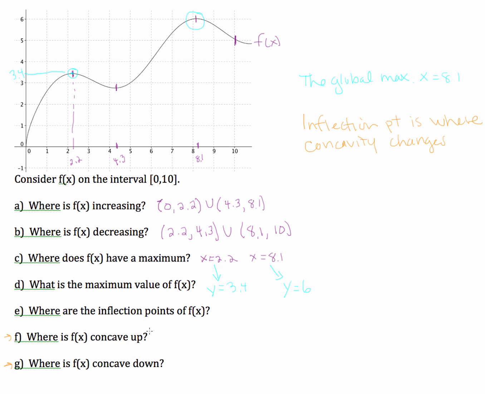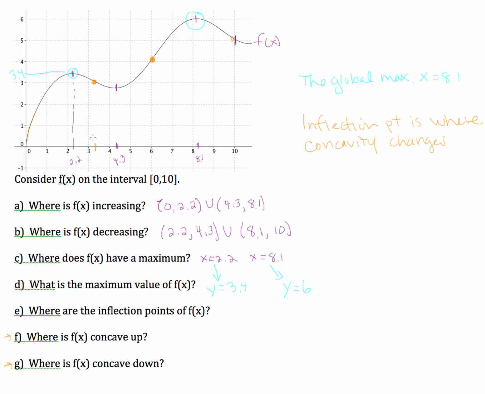So where is f of x concave up? So this is concave down, concave down, concave down, concave down, concave down until about right here. And then concave up until somewhere in here. And then concave down. It might change again somewhere in there, but so concave up, like I said, you should label these points.